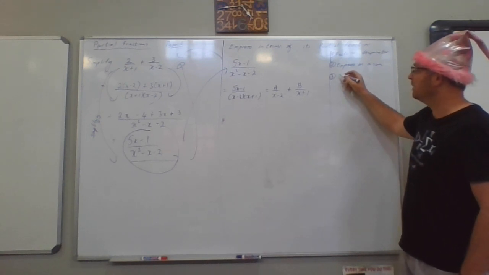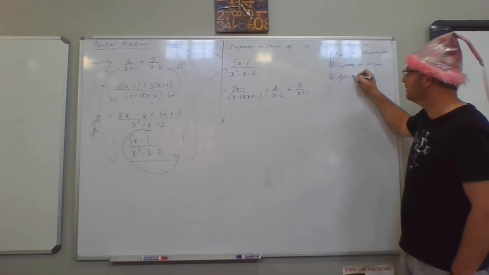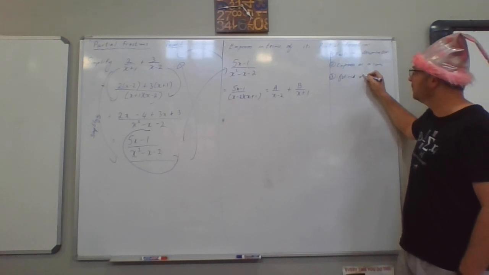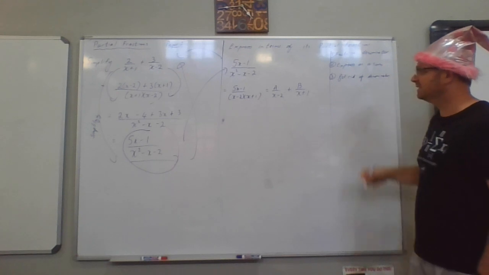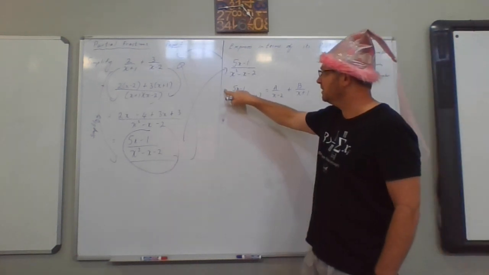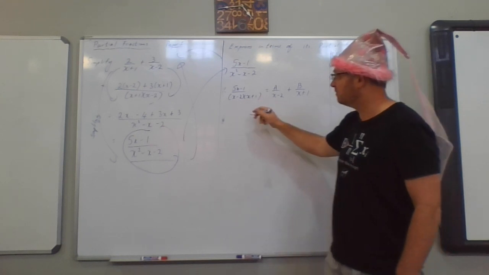In order to do that, we're going to get rid of the denominator. Well, there's no real math process called 'get rid of', but what we're really doing is timesing both sides of this equation by the LCD, and the LCD is (x minus 2)(x plus 1).